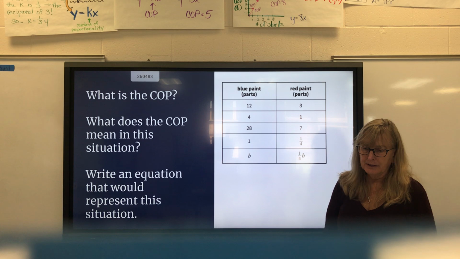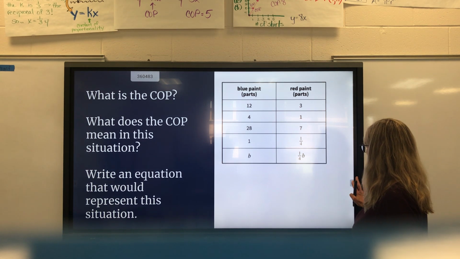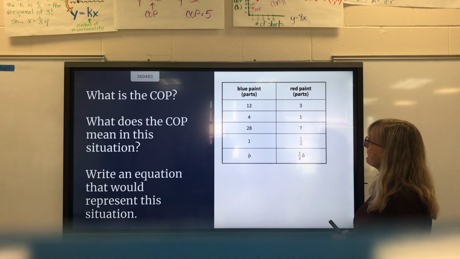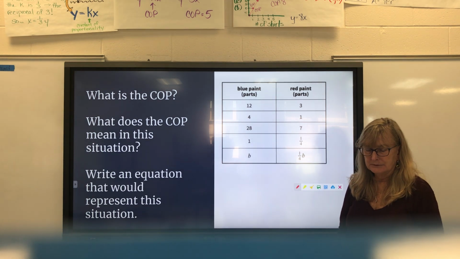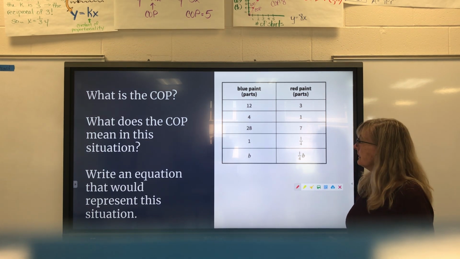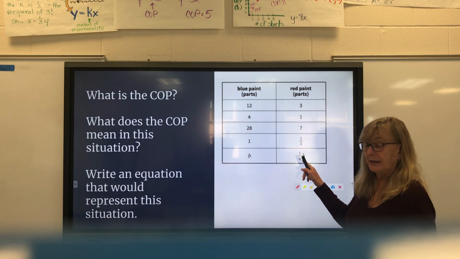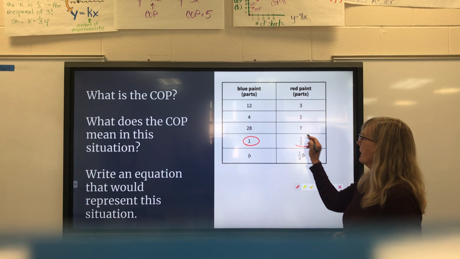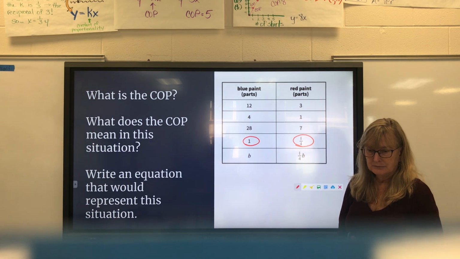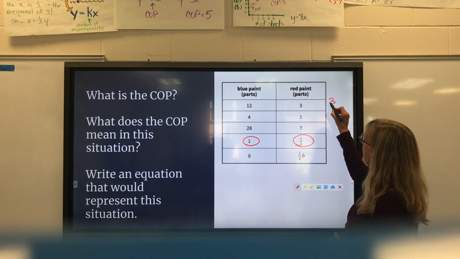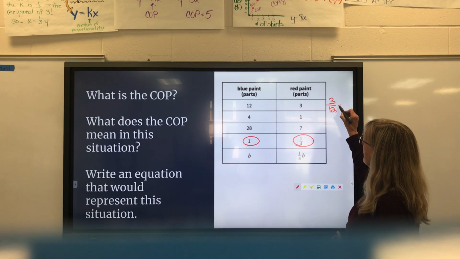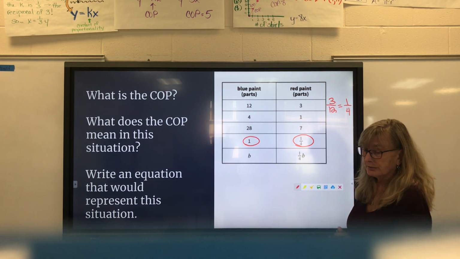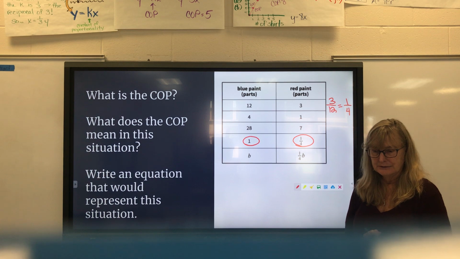What is the COP in this table? Well, where can we find the COP? The COP happens where X is 1. Or can we do 3/12? And that gives us 1/4. We've got lots of options here.